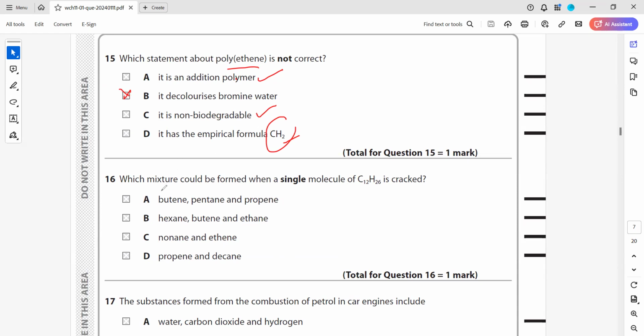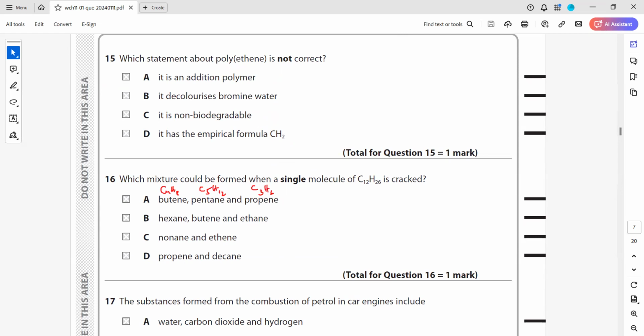Which mixture could be formed when a single molecule of C12H26 is cracked? So the total should be C12 and H26. Butene is C4H8, pentane means C5H12, and propene means C3H6.